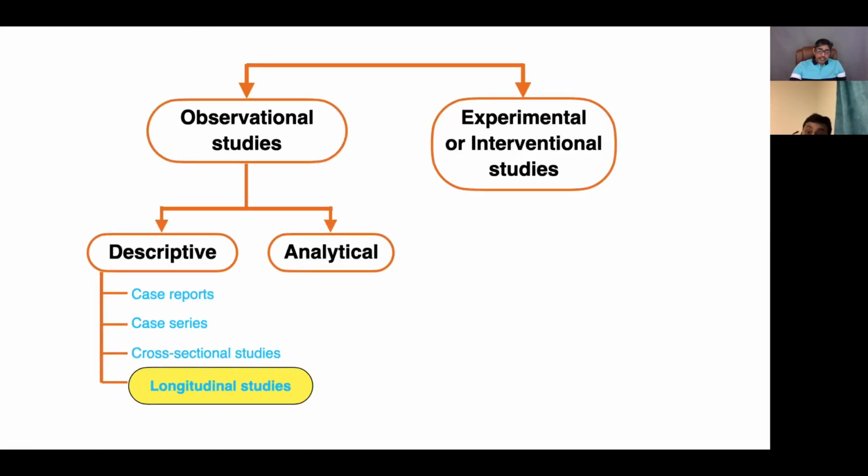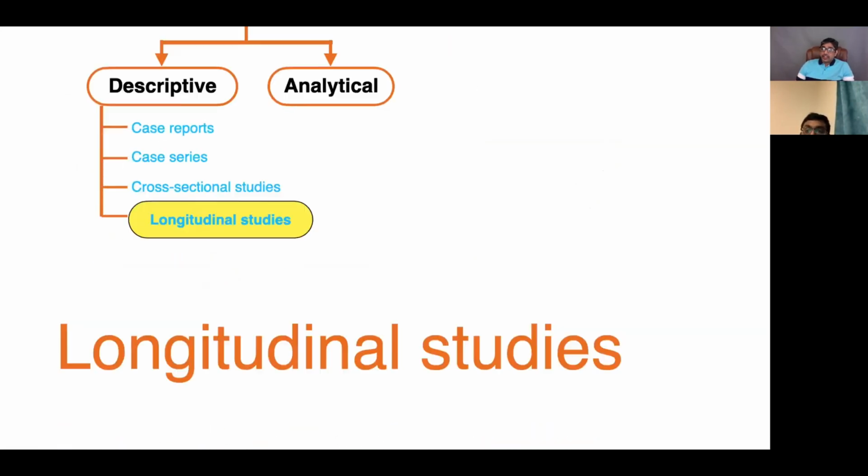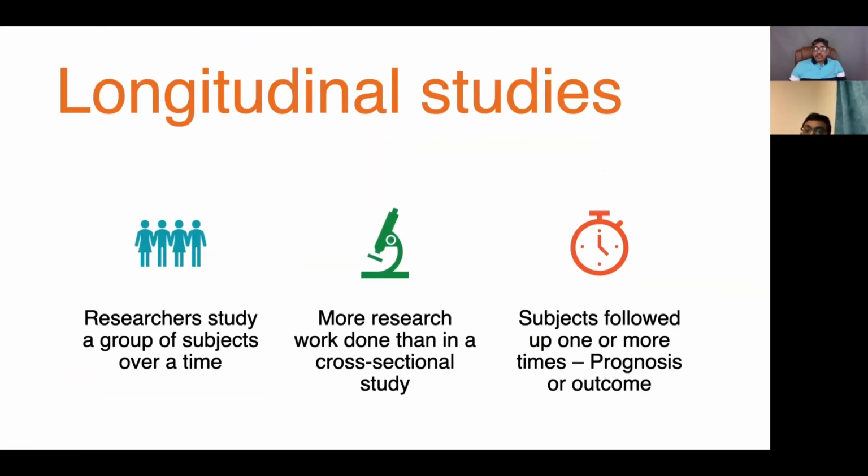Whereas longitudinal studies are a further extension of the cross-sectional studies, related to a group of subjects over a period of time. In a cross-sectional study, you're observing at a certain point in time, whereas in longitudinal studies, you follow them over a period of time, and there's more research done compared to cross-sectional studies.